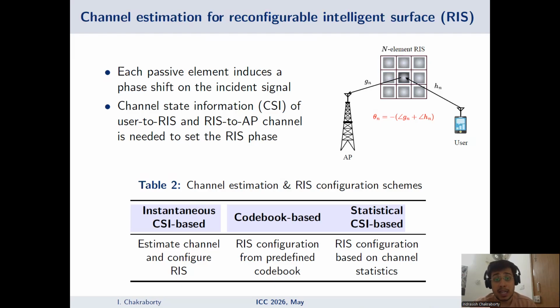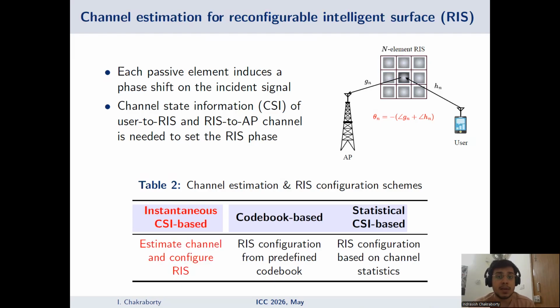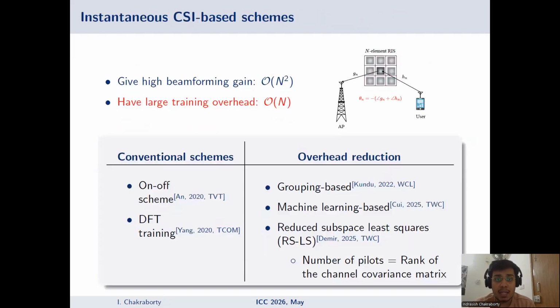And finally, there's the statistical CSI-based techniques, where you set up the RIS configuration based on long-term channel strength. In this talk, though, we'll focus on instantaneous CSI-based schemes. Why? Because it gives high beamforming gain. If you have an n element RIS, you get a beamforming gain in the order of n squared.